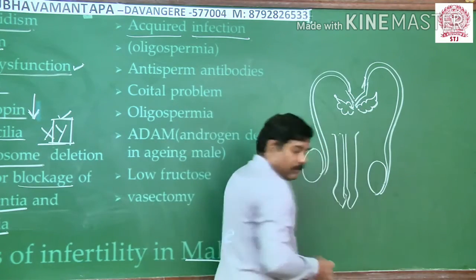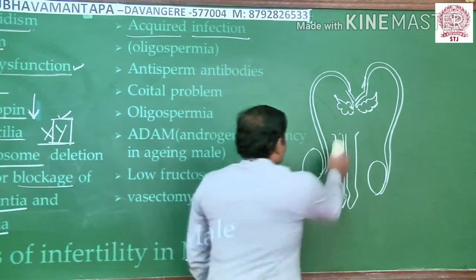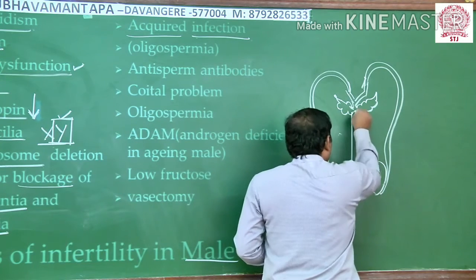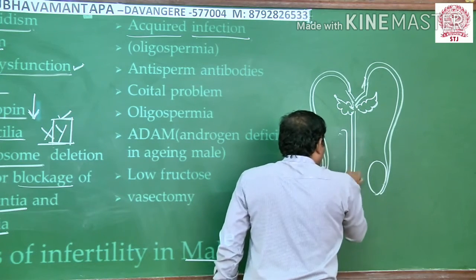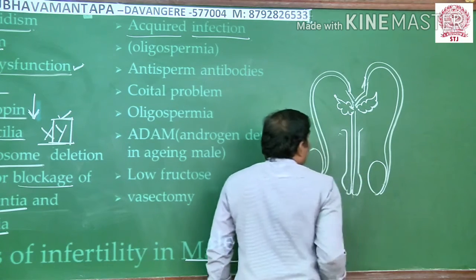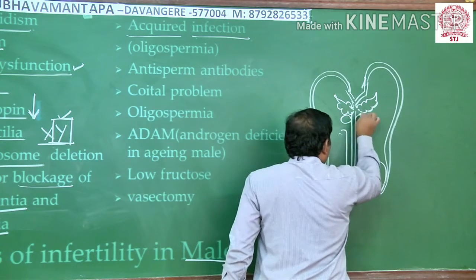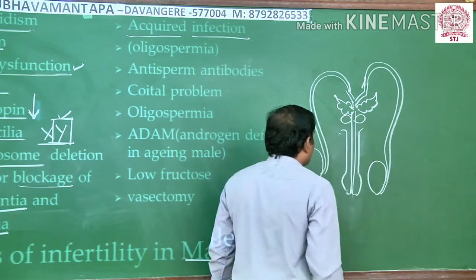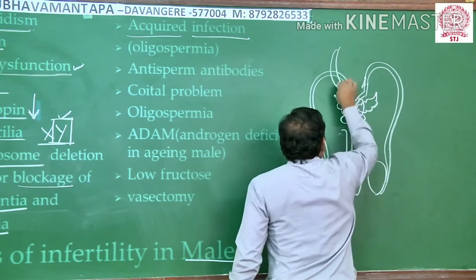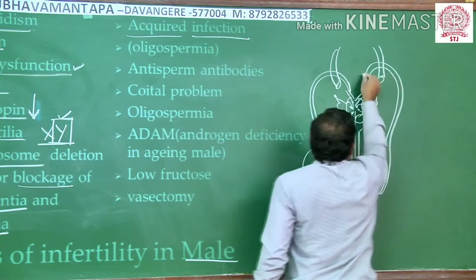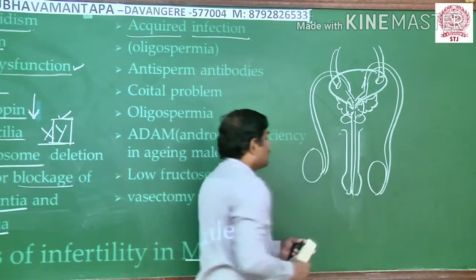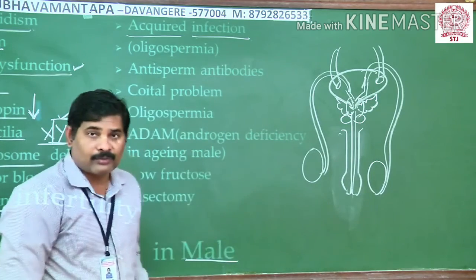Thereafter, these seminal vesicles lead to the urethra, and this urethra passes through the penis. Here you can see two glands known as bulbourethral glands, and one prostate gland also, and these two are the ureters, coming from the two kidneys. This is the rough sketch of the male reproductive system.